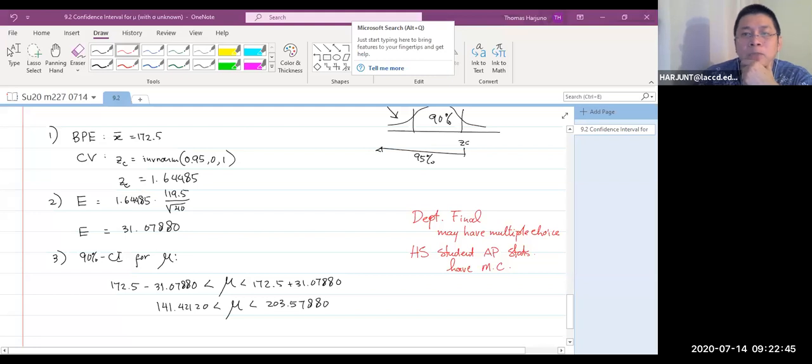Ready? Where do we find a method to compute a confidence interval fast? Now, this is a confidence interval using z-score. How do you do that? You go to stat, then test, and then scroll down to z interval.